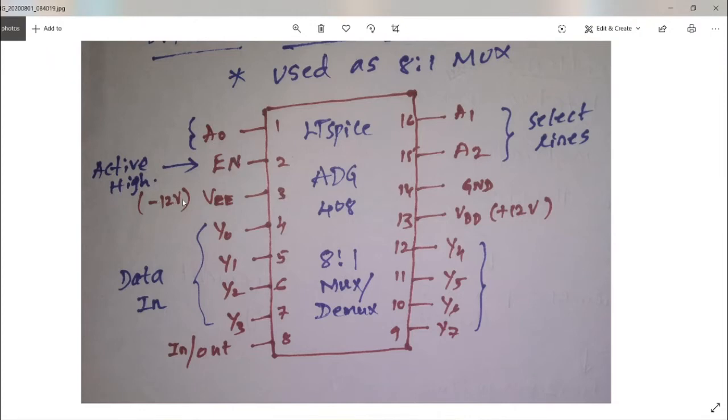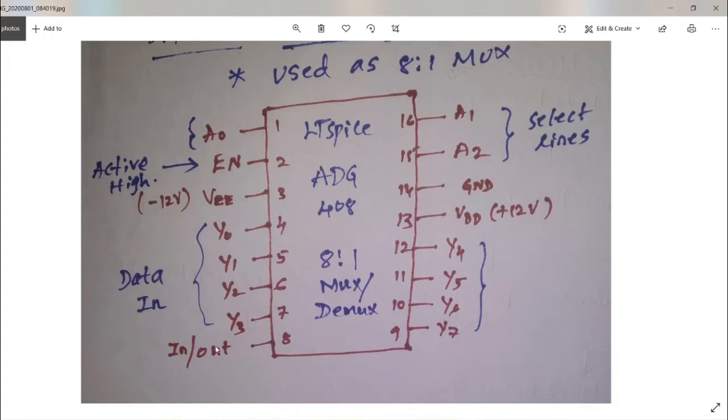Third pin is VSS, it can be connected to minus 12 volt. Pins 4, 5, 6, 7 are data input lines in the multiplexer. In the demultiplexer they act as data output lines. Y4, Y5, Y6 and Y7 are also the input or output data lines. It acts as both an 8:1 multiplexer or a 1:8 demultiplexer.